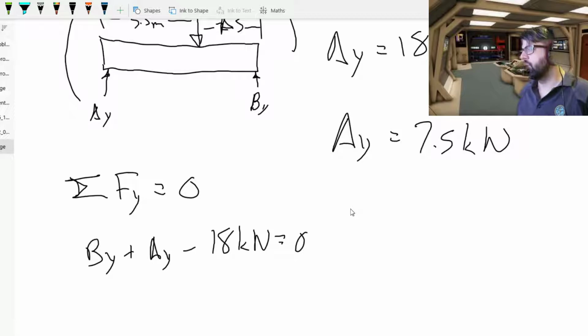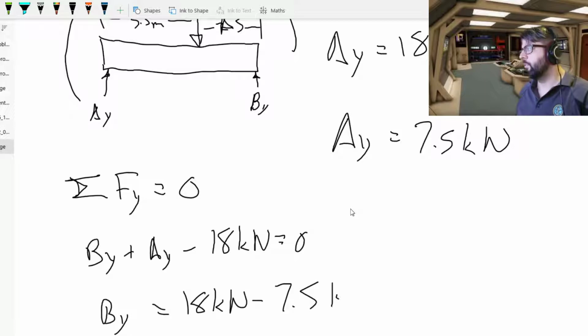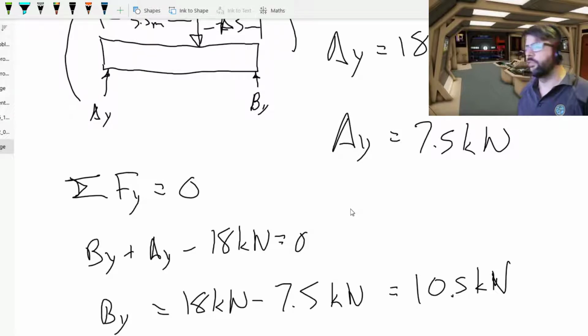So BY is going to be equal to 18 kilonewtons minus the 7.5 kilonewtons, once we move both of these terms over to the other side. So what's that going to be? That's going to be 10.5 kilonewtons. I'm not going to bother typing that in. 10.5 kilonewtons.